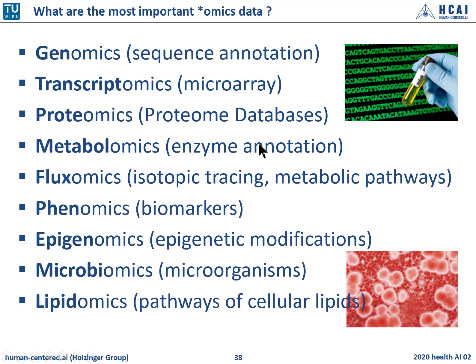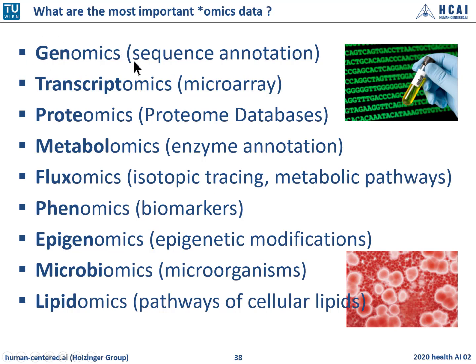Next slide. What are the most important omics data? A lot of omics data are generated, and here, just for the sake of an overview, are the most important ones.